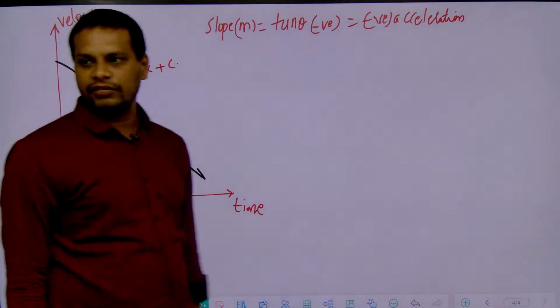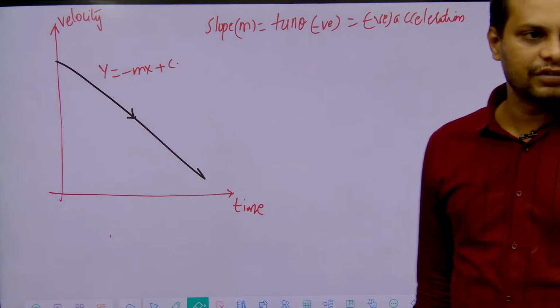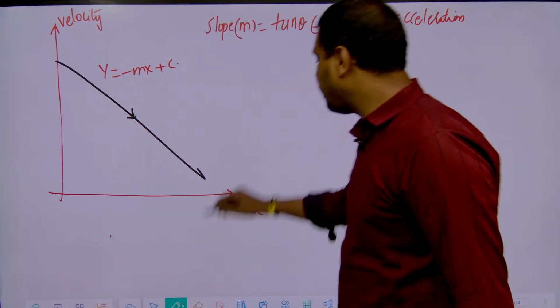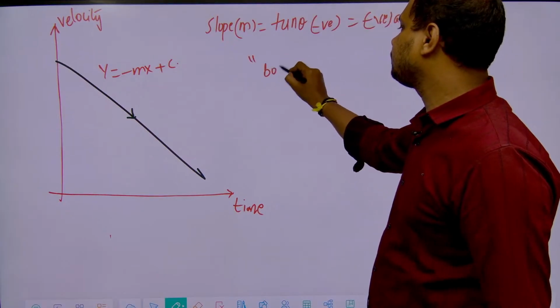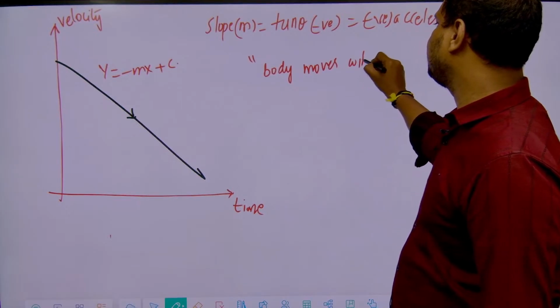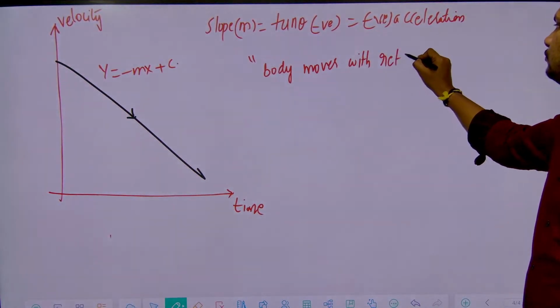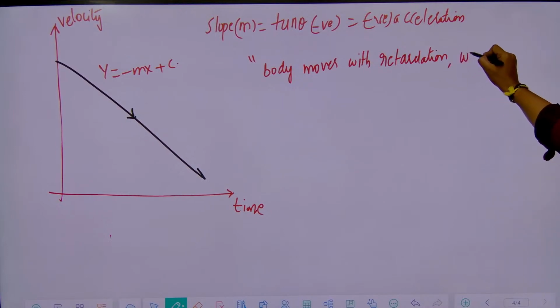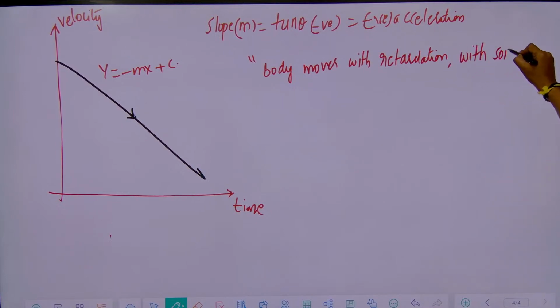Then tan theta is negative, which means deceleration. Are you clear? Okay. This is the graph of a body moves with retardation, with some initial velocity.